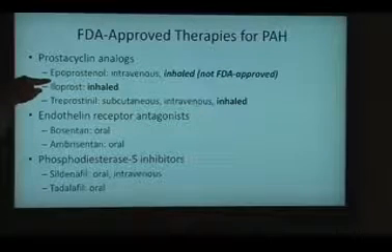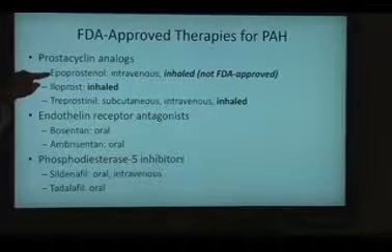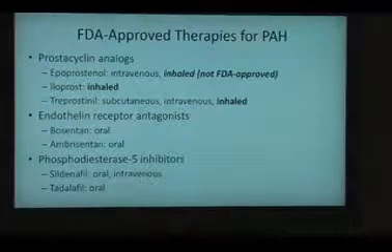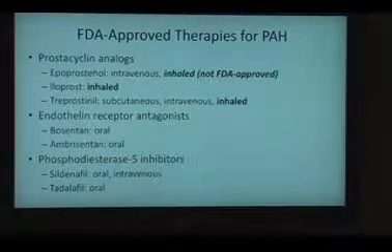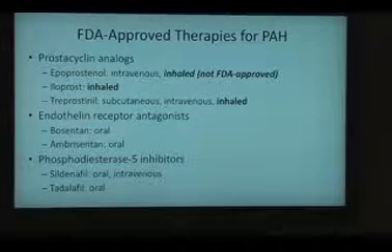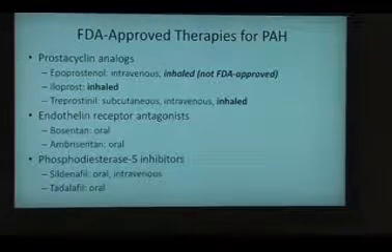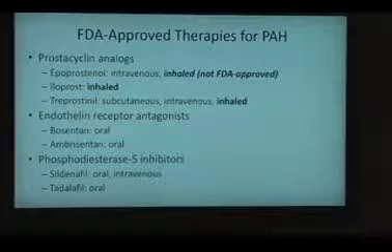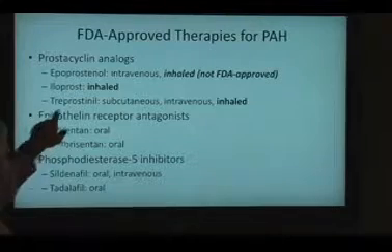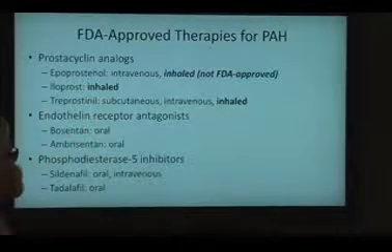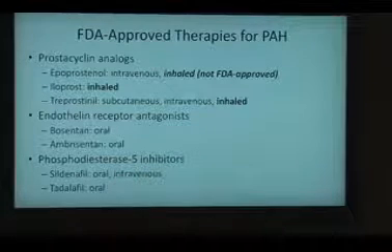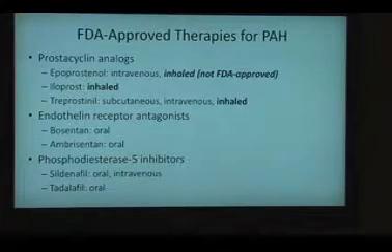So the three primary drugs here are epoprostenol, which can be administered intravenously or by inhalation, aerosolized Veletri, which is not FDA approved, or iloprost, which is FDA approved and requires a special nebulizer, as we'll look at in a minute, and treprostinil, which can be administered subcutaneously, intravenously, or by inhalation, and we'll look at the device for that in a minute.